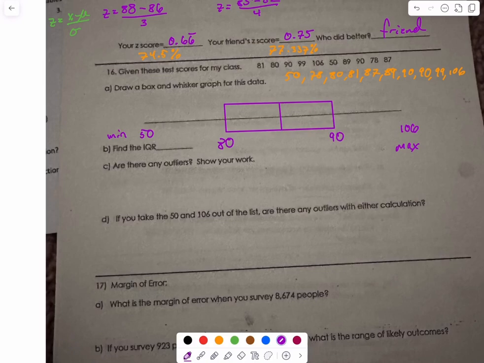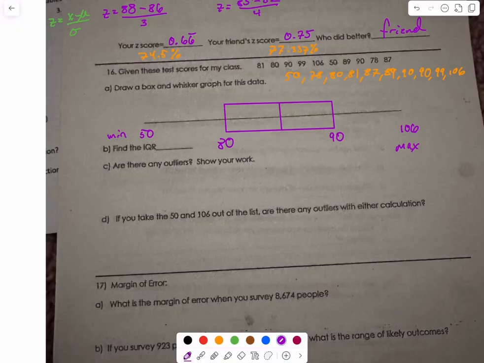I feel like I'm not doing something right, or it's just scaling: left whisker, right whisker, outliers plotted beyond the whiskers. It just depends on some specifics. There's 1.5 times the interquartile range.